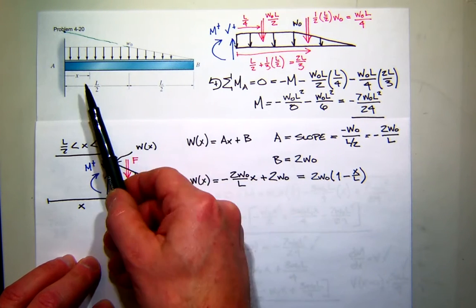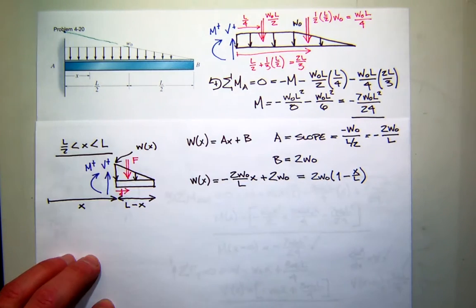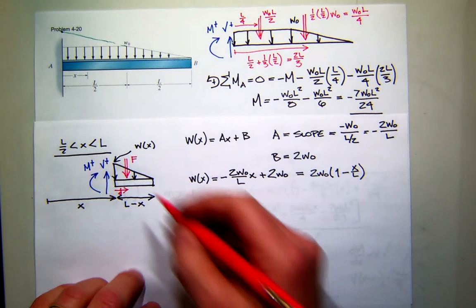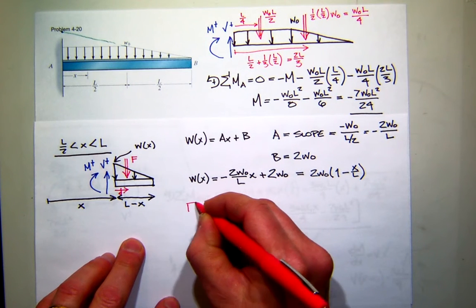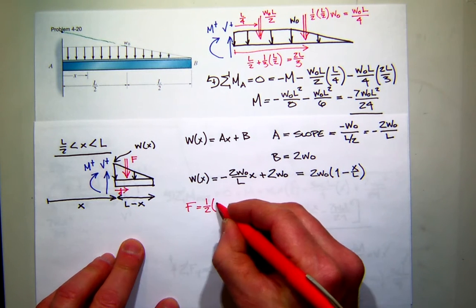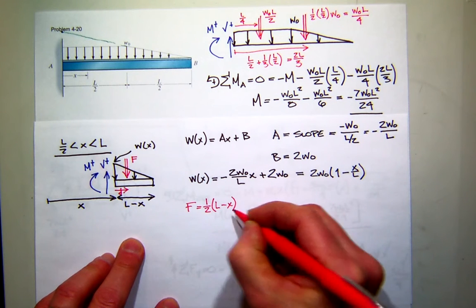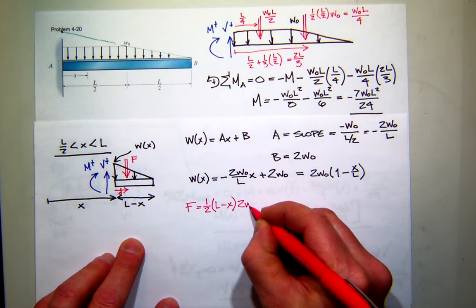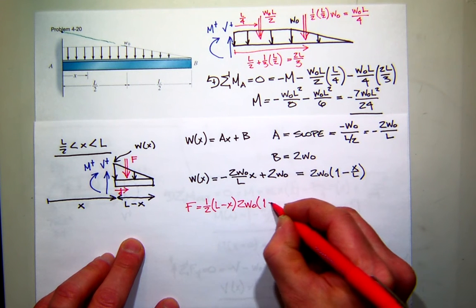So since we double the distance, we double the height. It's just going to make our calculations a little messy. Because now you can see our force is going to be 1/2 the base. What's the base? L minus x. And then what's the height? It's all that stuff: 2 W naught, 1 minus x over L.